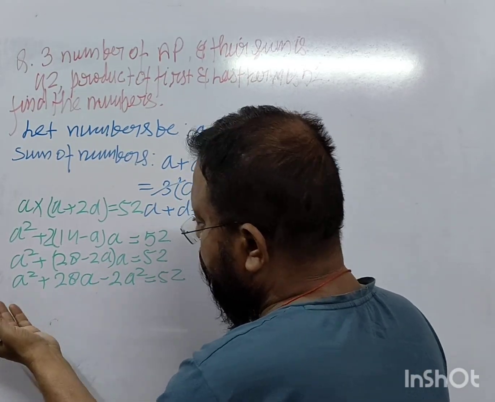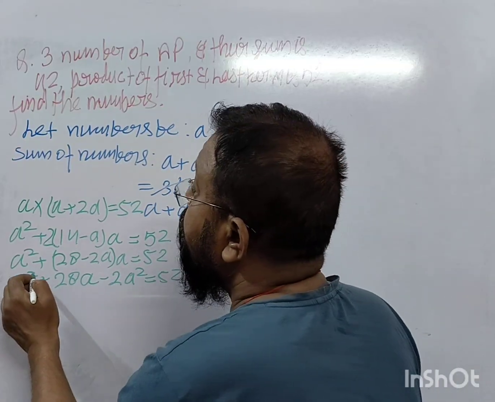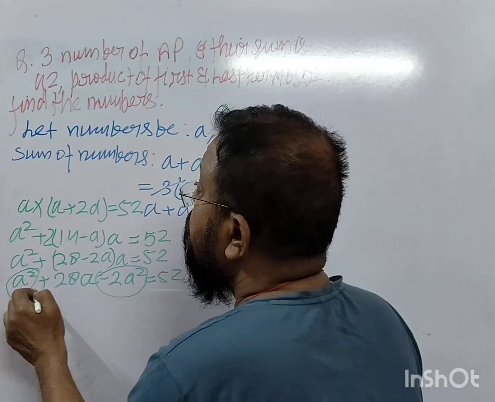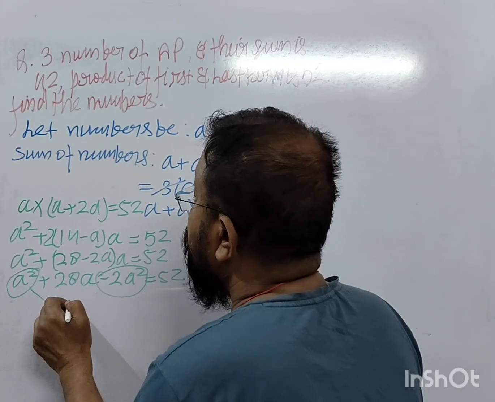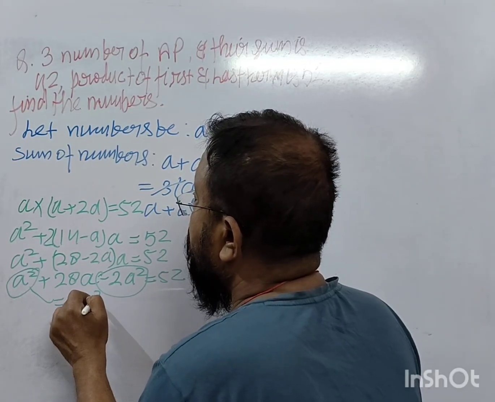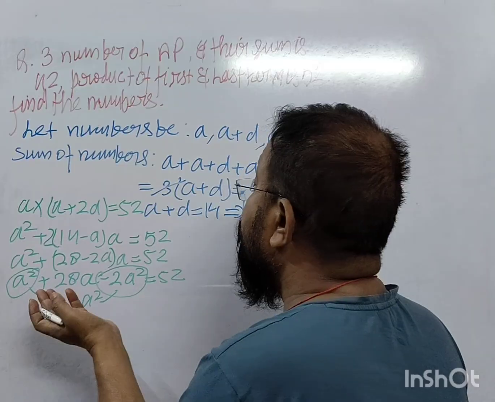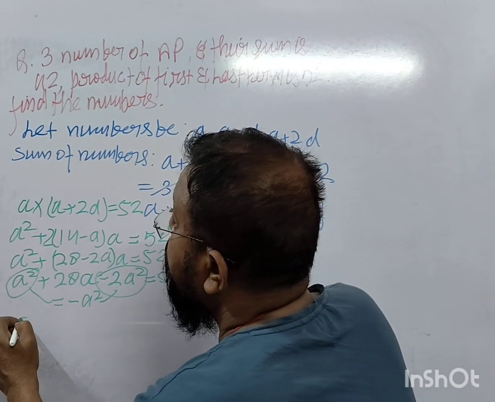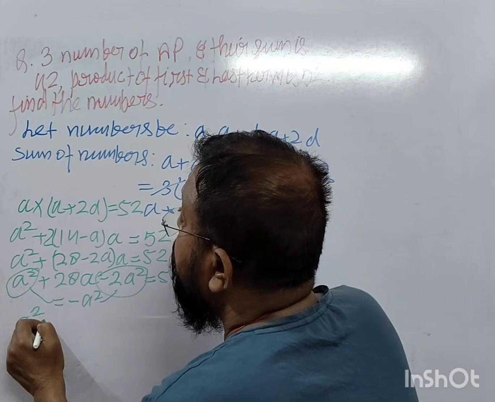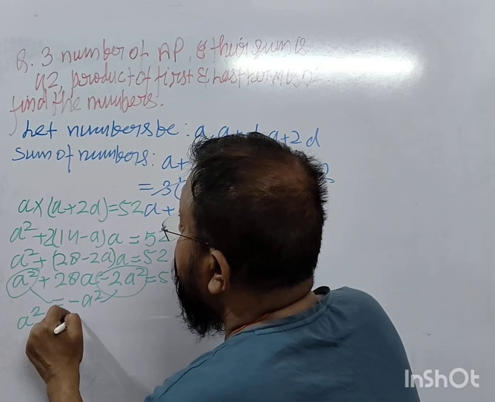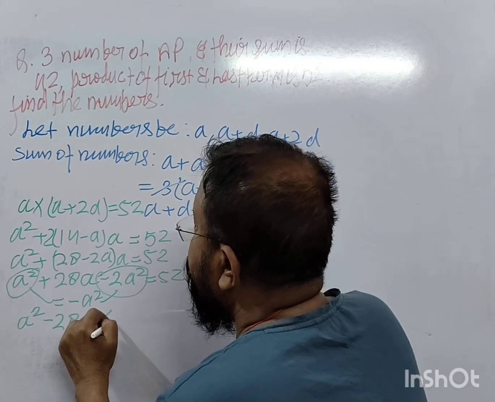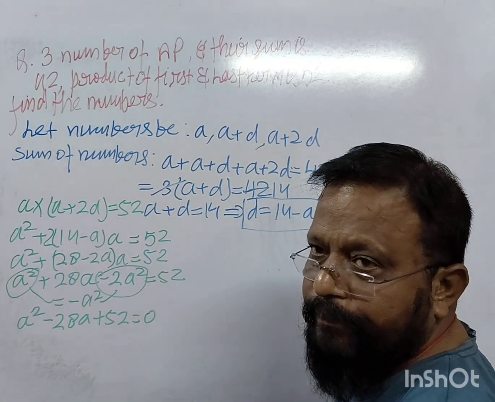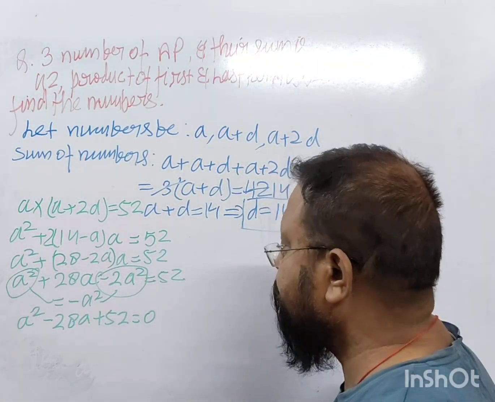So we bring all this on the other side, so your equation will be a square minus 28a plus 52 is equal to 0, right?